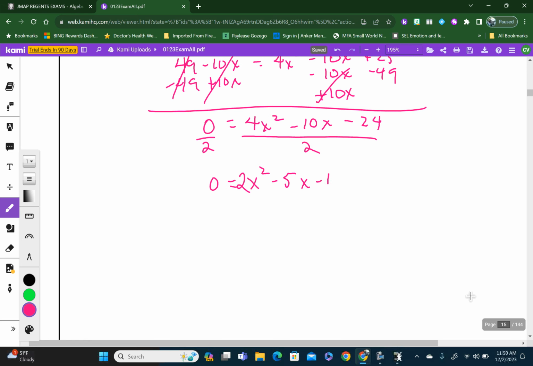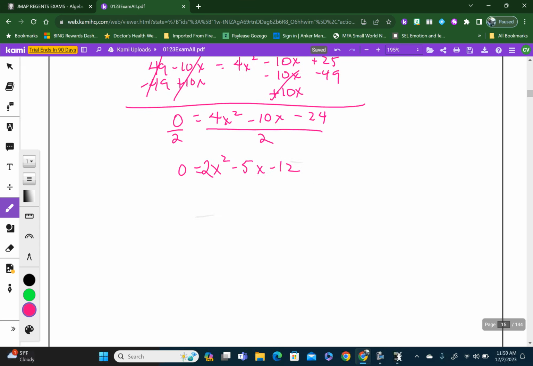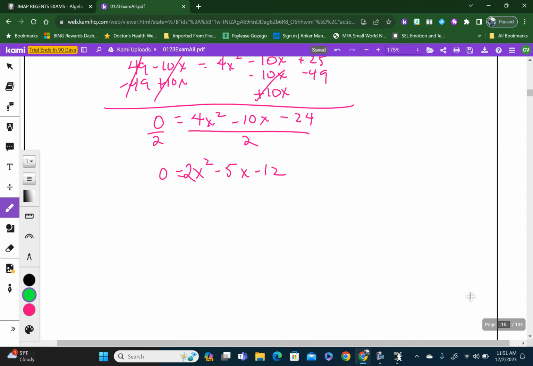Okay. So now we're going to do the AC method. This is one of the methods of factoring. The AC method says I take my A, take my C, multiply it. So two numbers that multiply to give me negative 24 and add to give me negative 5. 12 and 2? No. 6 and 4?